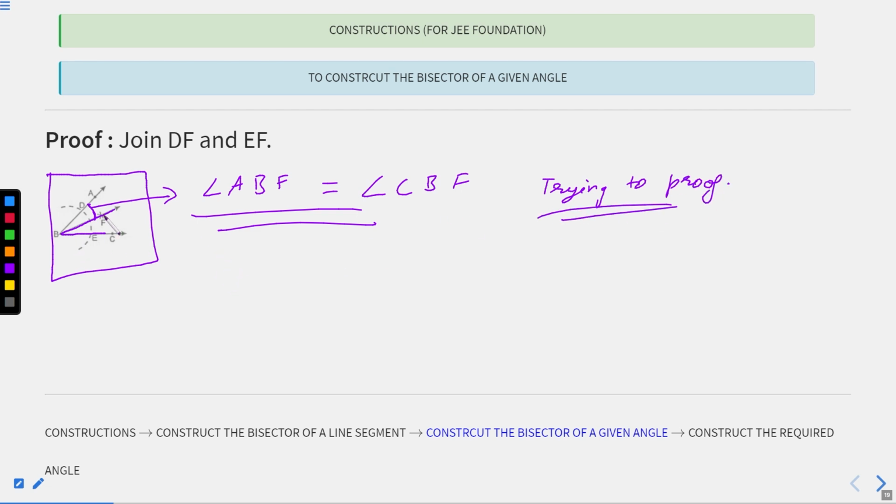So if BF is a bisector of angle ABC, we have to show that angle ABF is equal to angle CBF. So how are we going to do that?